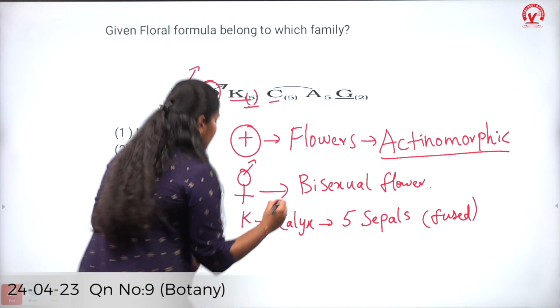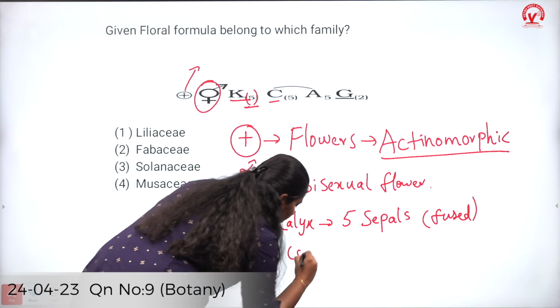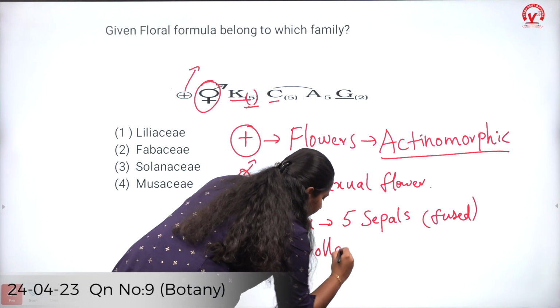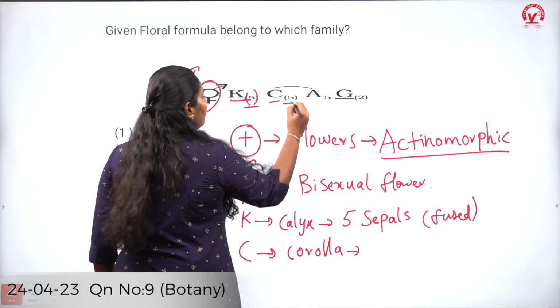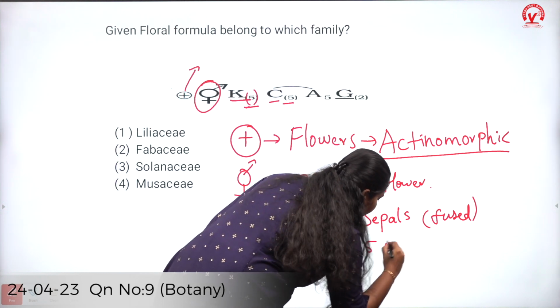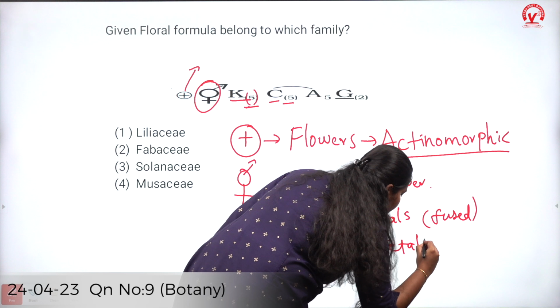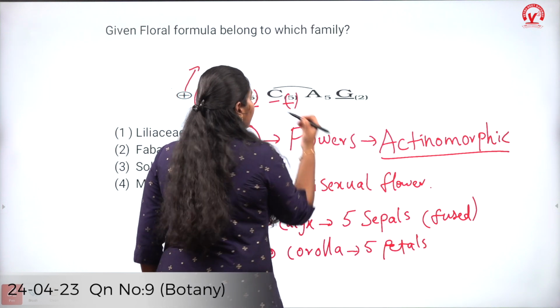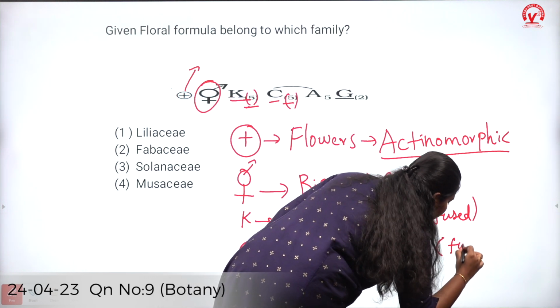And C means corolla, they usually possess 5 petals and this bracket denotes they are in fused condition.